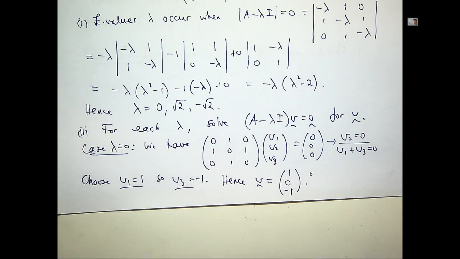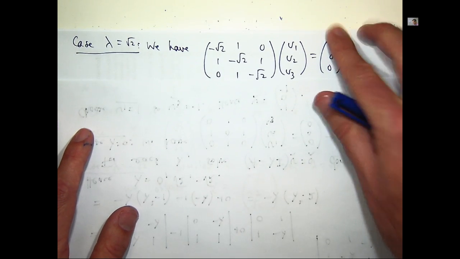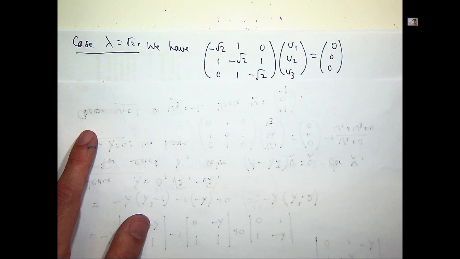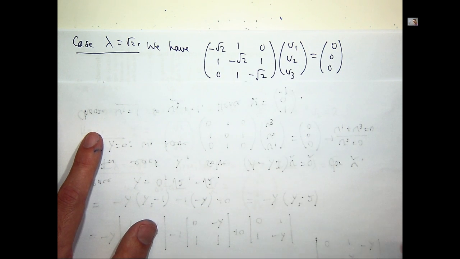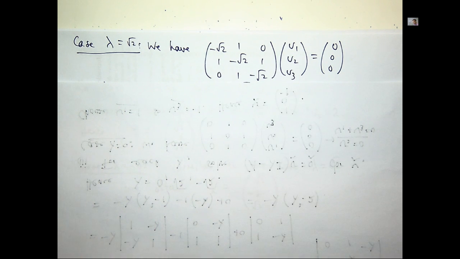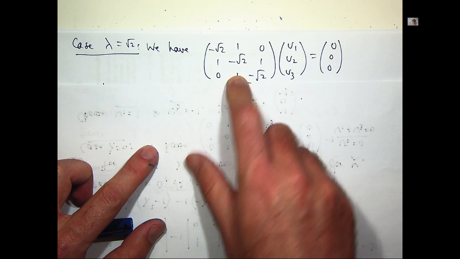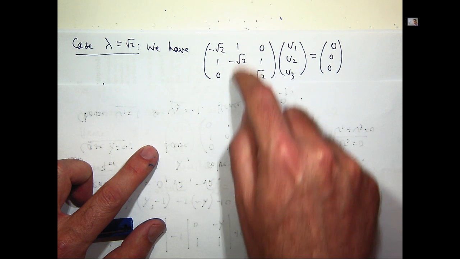So this is an eigenvector that corresponds to this eigenvalue. All right, well, that's one case. Let's have a look at the case lambda equals positive 2. Again, this is my coefficient matrix. It's not so easy to see how to come up with v1, v2, and v3 in this case. Sometimes you can do a bit of row reduction here or elimination if you want to write them as systems of equations. What I can see here is there's a positive 1 and a positive 1 sort of there and there.